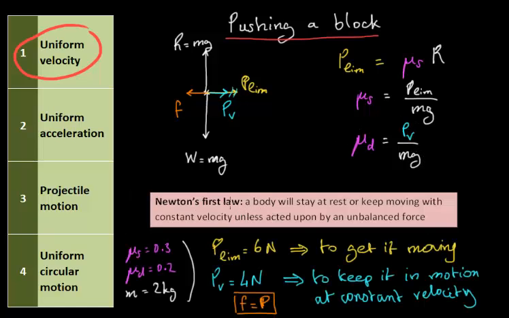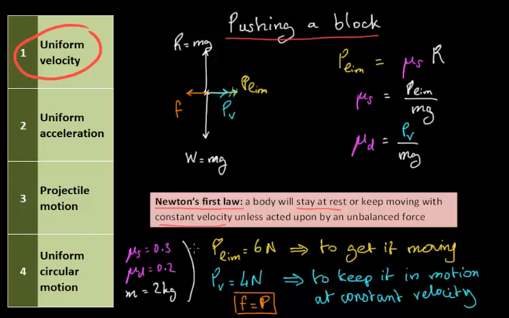All this friction stuff, in my view, was a great illustration of Newton's first law, which says that a body will stay at rest or keep moving with constant velocity unless acted upon by an unbalanced force. So as long as the forces are balanced, as long as friction is equal to the pushing force, that friction balances out the pushing force exactly, either we stay at rest, the yellow situation, or we keep moving at constant velocity, the blue situation.